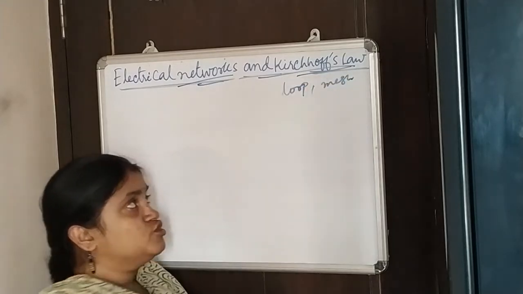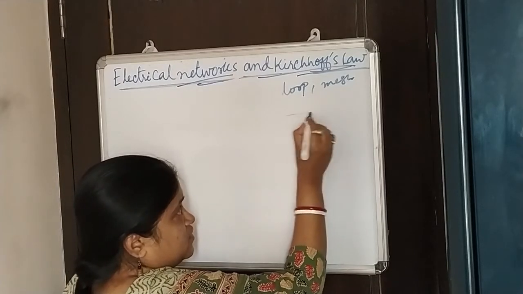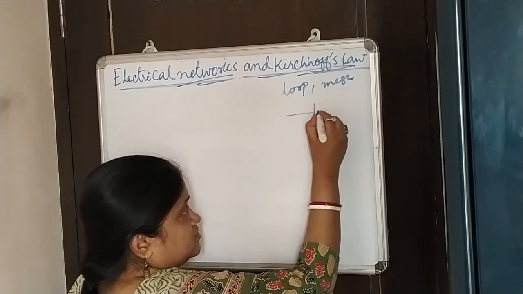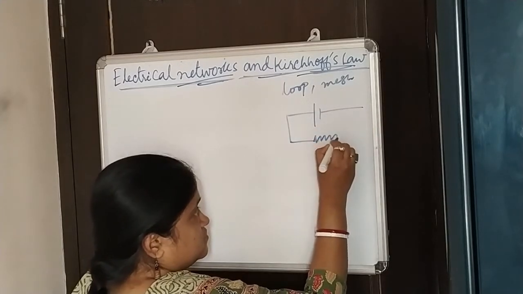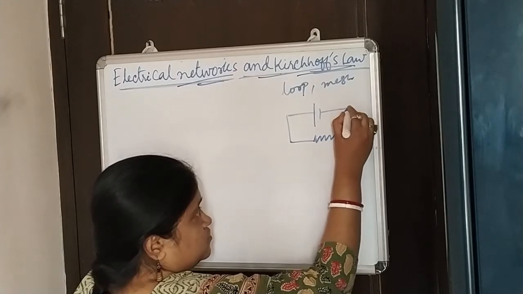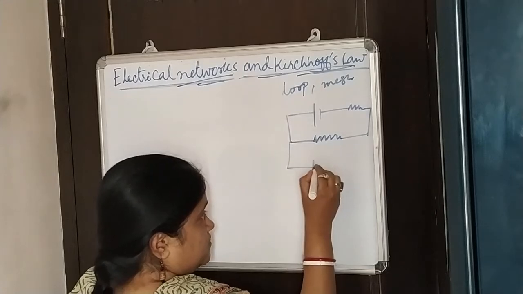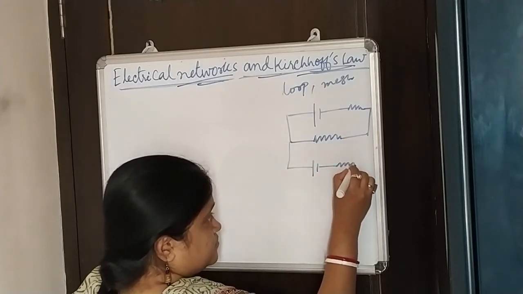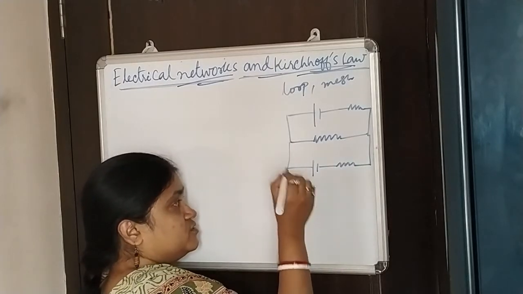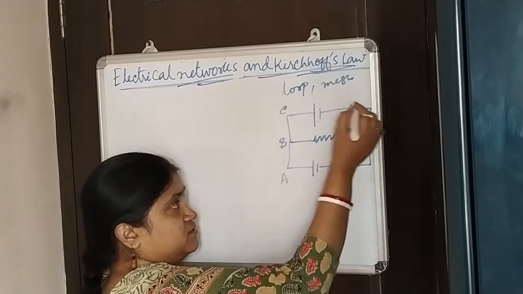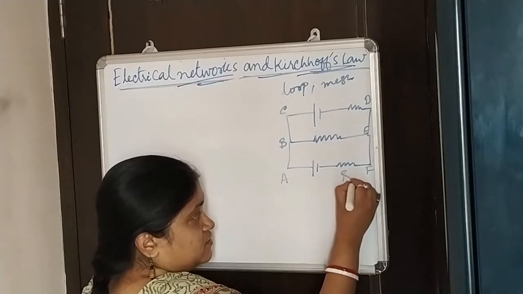So suppose let's take a particular case where I have a cell here. This is a circuit, and let's suppose this is A, B, C, D, E, F, R1.